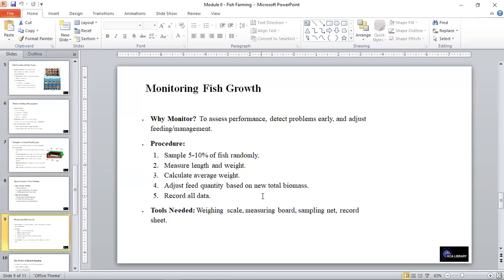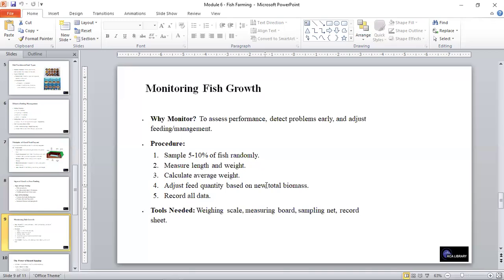Monitoring fish growth. Why do we monitor the growth of fish? It is to assess the performance, to detect problems early, and adjust feeding management. The procedure for monitoring fish growth includes: number 1, you sample 5 to 10% of fish randomly. You measure their length, and you get their weight.